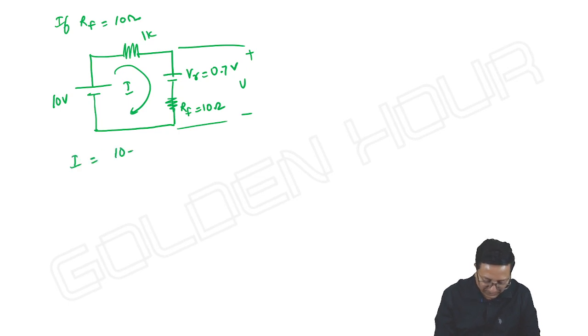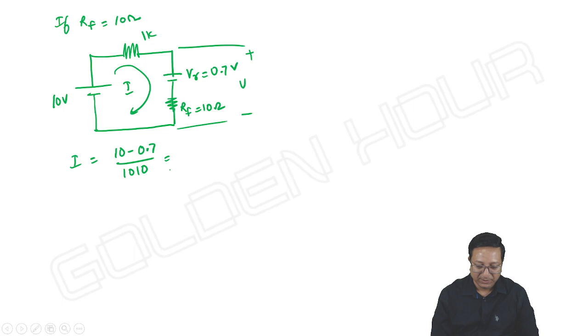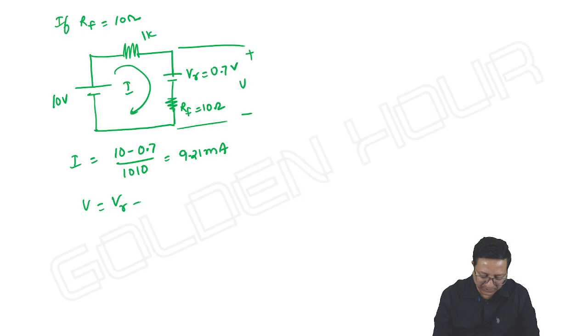I is equal to 10 minus 0.7 by 1010. So how much do we get? It comes around 9.21 milliampere, or 9.2. Nothing to worry. 9.2 I'm writing. So what is V? It is V gamma plus I into RF. V gamma is 0.7 plus I is 9.2 milliampere into RF is 10. So how much do we get?